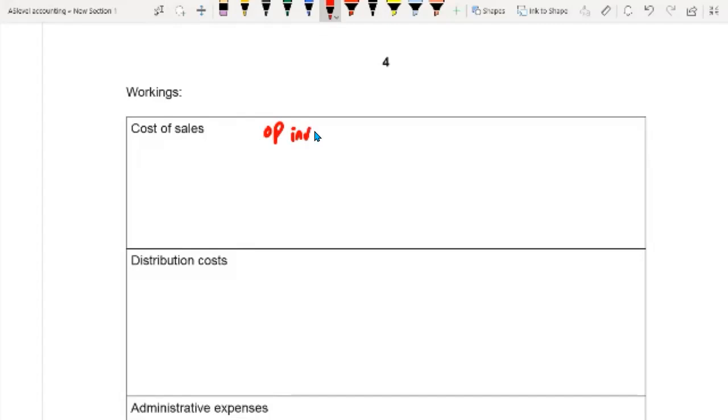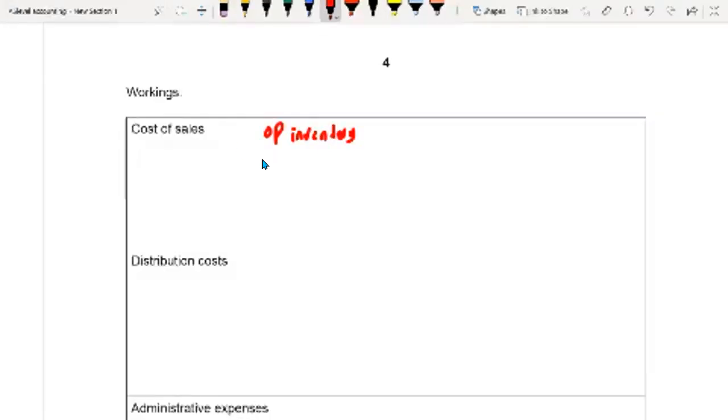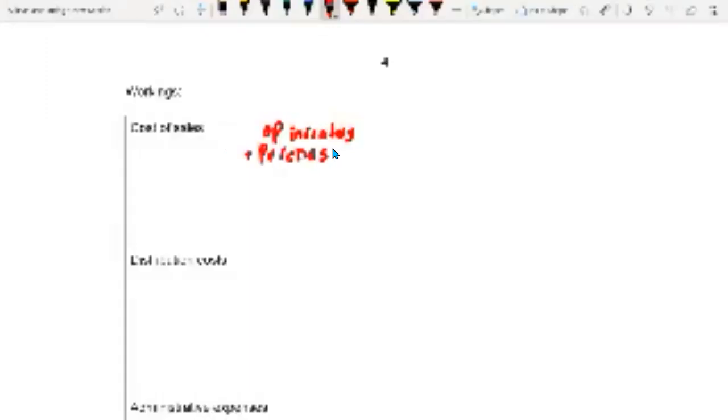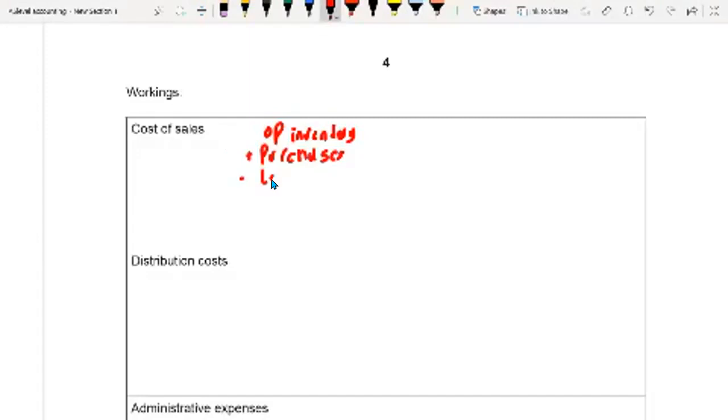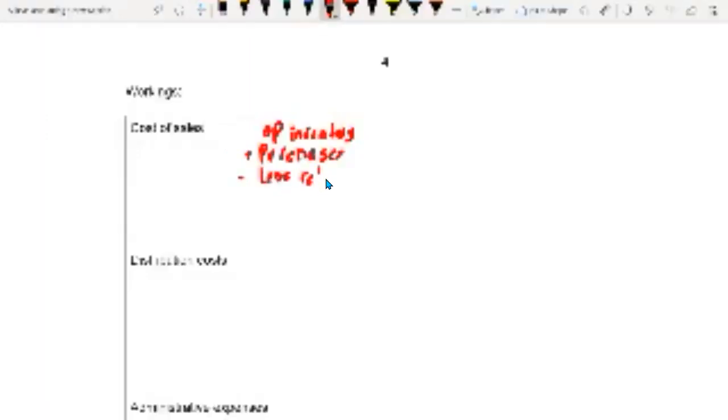Opening inventory, and after that we have purchases, less returns, add carriage inwards. Carriage inwards is not part of distribution cost.